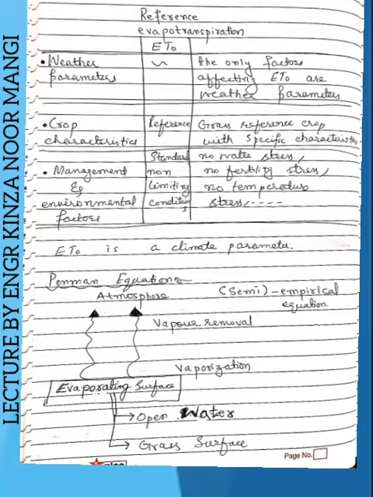The reference crop is grass with specific characteristics: no water stress, no fertility stress, no temperature stress. These are the standard non-limiting conditions. Let's switch to the next slide.